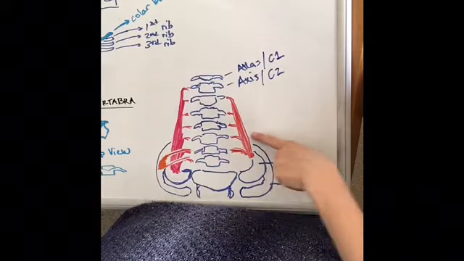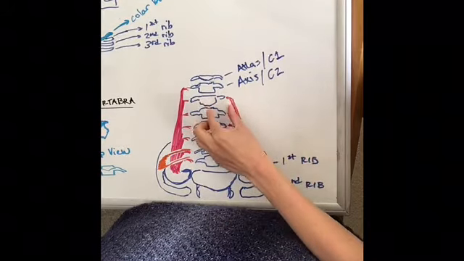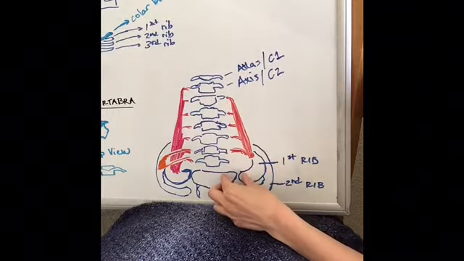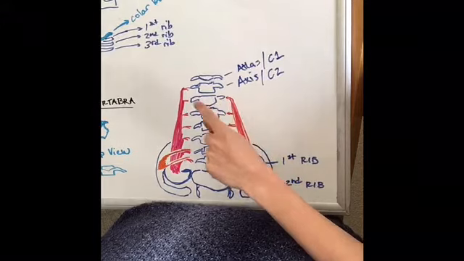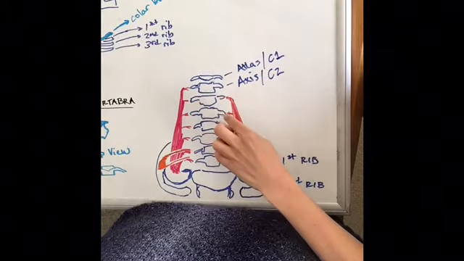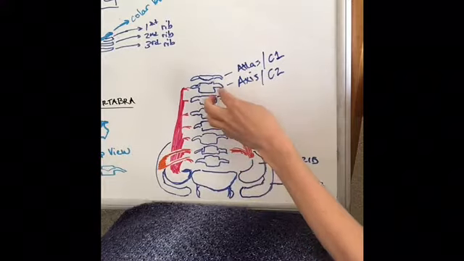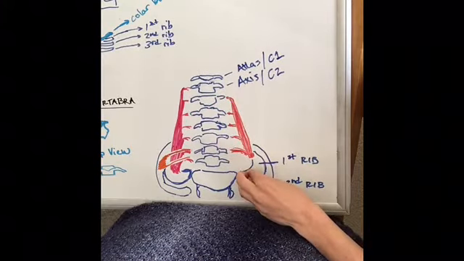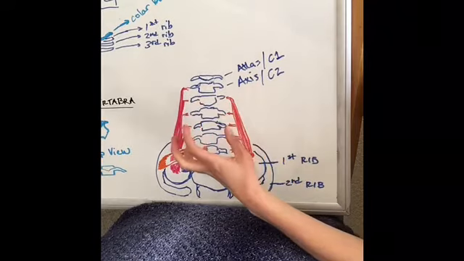So these would be your anterior scalenes. That means they are the most front, they're closest to the front. They connect up here to the transverse processes that we talked about, 2 through 6, and they come down to your first rib. They help you rotate your neck, pull your neck down.